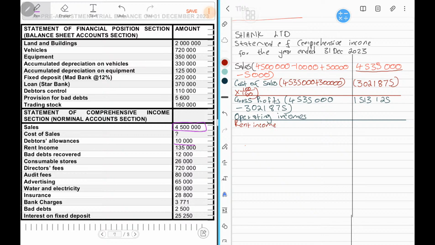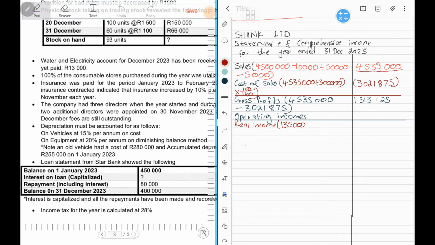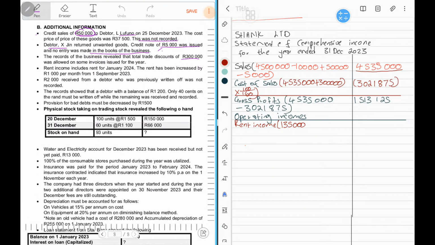So remember, the first step will be to open the bracket. Then the second step will be to plug the amount. So how much are we going to plug? We're going to plug 135,000 from our trial balance. Then the next step will be for us to check if we have any adjustment that affects rent. We have it.